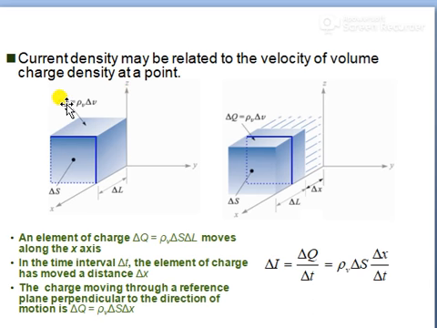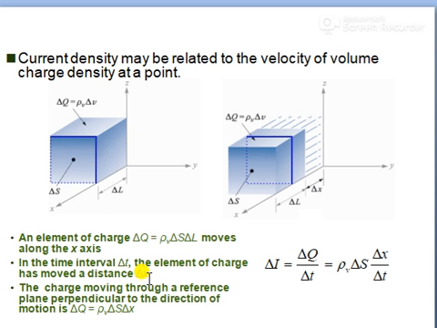In this case you can observe del q is equal to rho v delta v, already you know this, and this is a surface del s, this is a point, and this cube has a length del l. Now the element charge del q is nothing but rho v del s into del L, which moves along the x-axis. In time interval delta t, the element of charge has moved a distance delta x, right?